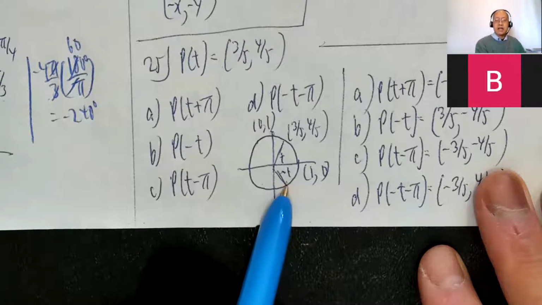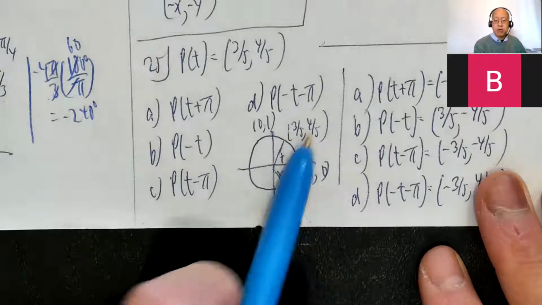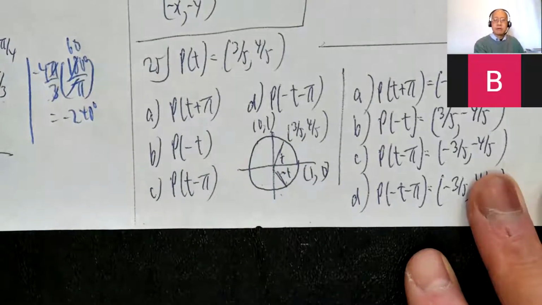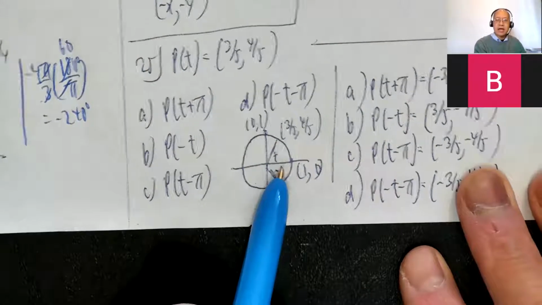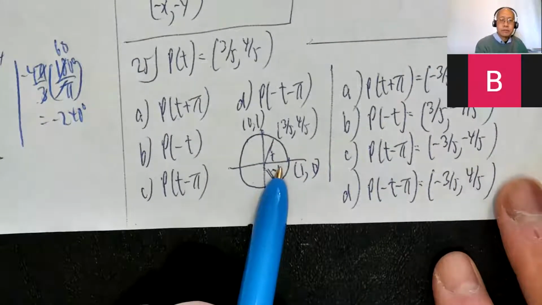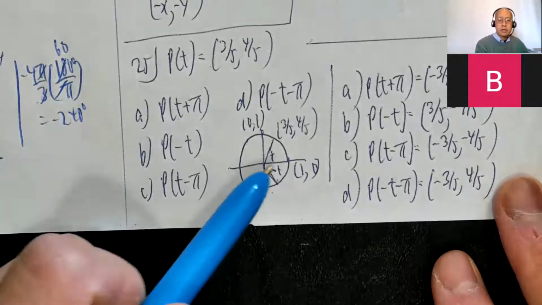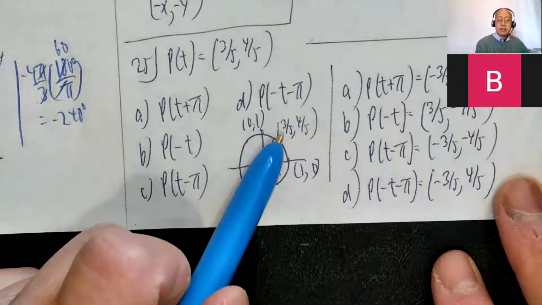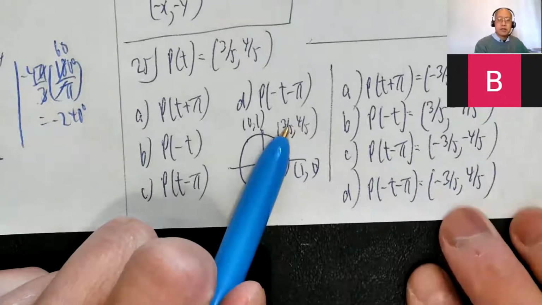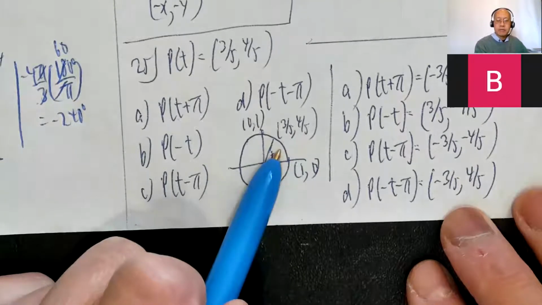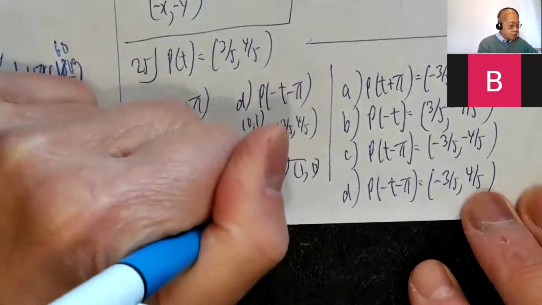If this is negative T, X would still be positive, but Y would be negative, right? So P of negative T would be 3/5, negative 4/5. So you can think of T as an angle: angle is T, X coordinate, Y coordinate. And by the way, that's cosine of T, sine of T, or you can use theta. We'll use theta later, theta for an angle.